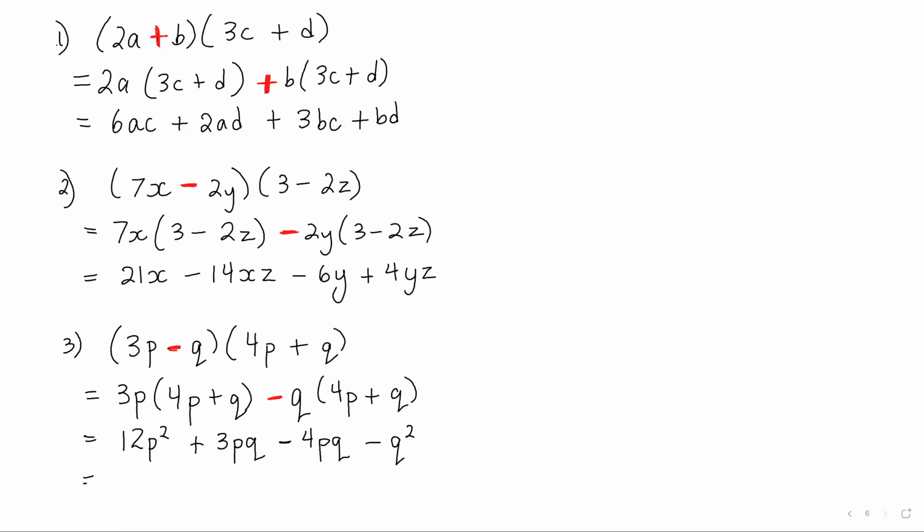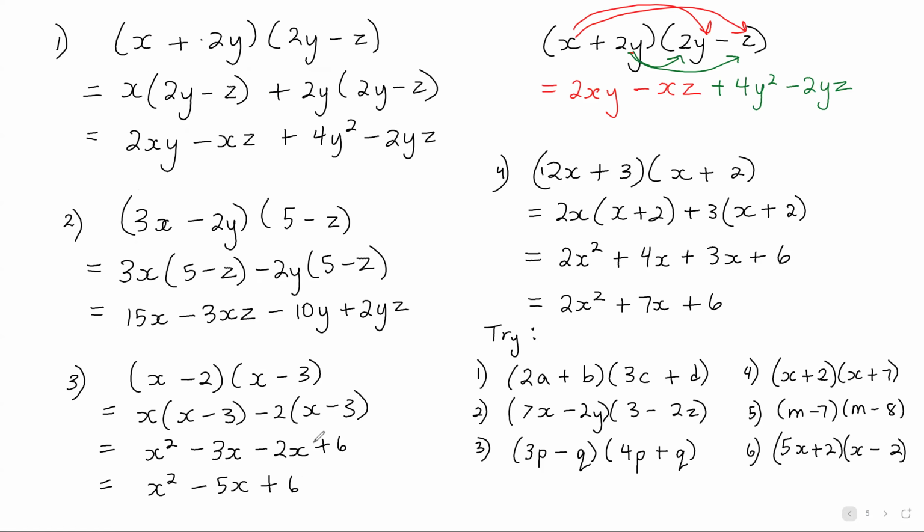So then this gives me 12p squared, 3pq minus 4pq. Well, 3 minus 4 is negative 1, so this will be negative pq, so minus pq minus q squared. That's your answer: 12p squared minus pq minus q squared.